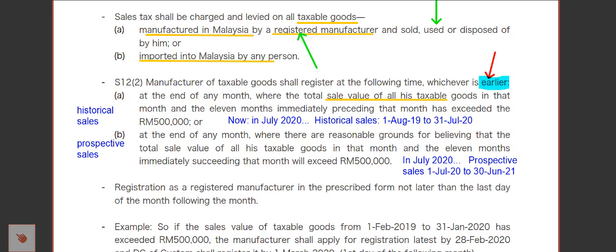Okay, now for example, I'm going to go to a blank page. Now for example, when you're now in the month of July 2020, now let's say your historical sales for the month of July 2020 is only 410,000. Okay, but if you reasonably believe the prospective sales for July 2020, that means we are talking about 1st July until 30th June next year, is going to be 515,000.